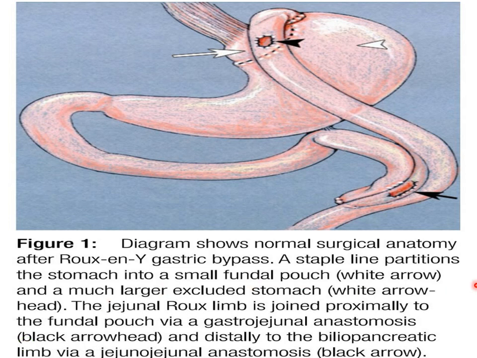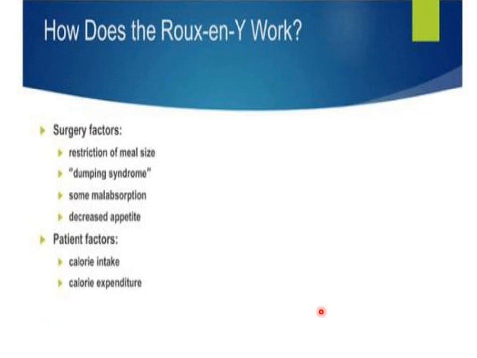This is another picture. I'm just putting all the pictures in order to memorize it easily. How does the Roux-en-Y work? As I told you before, surgical factors: restriction of meal size, dumping syndrome, malabsorption and decreased appetite; patient factors: caloric intake and caloric expenditure.